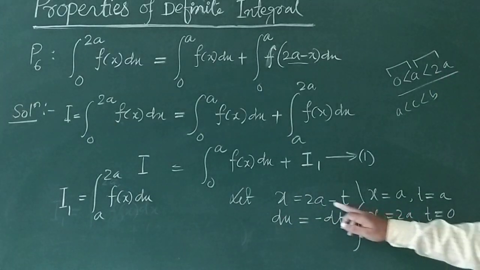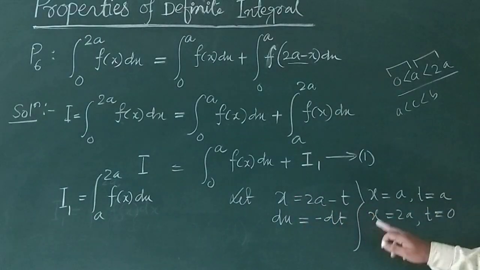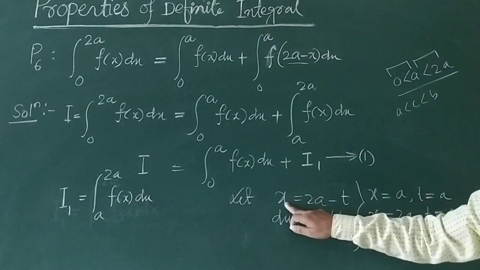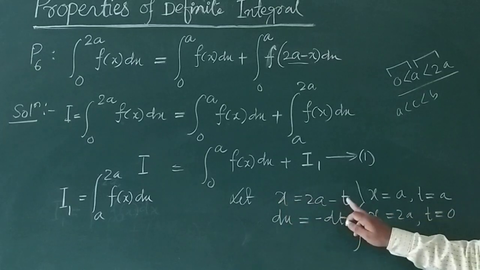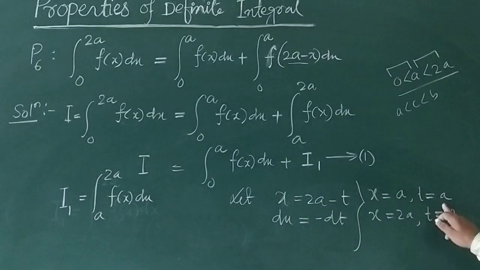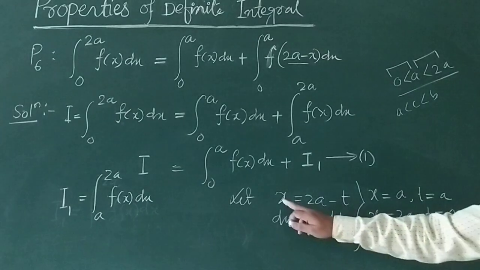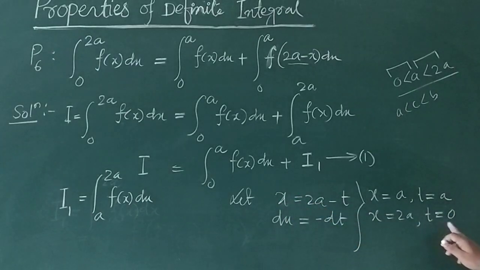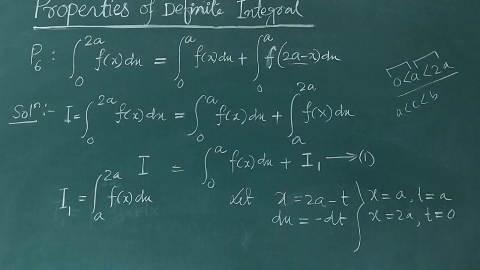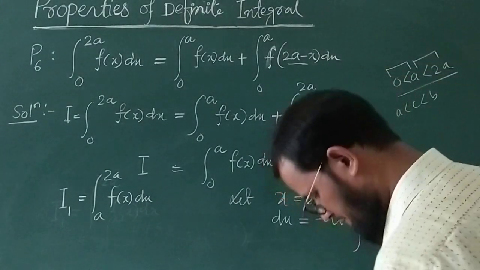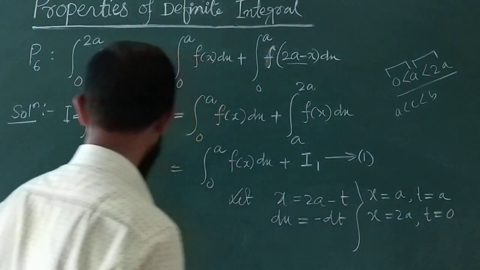Accordingly, when you use the substitution method, the limits should be changed. When x is equal to a, you will get t equal to a also. You can calculate it, and when x is equal to 2a, the 2a cancels, and t becomes 0. So, ultimately the limits change. Then what will the integral be?